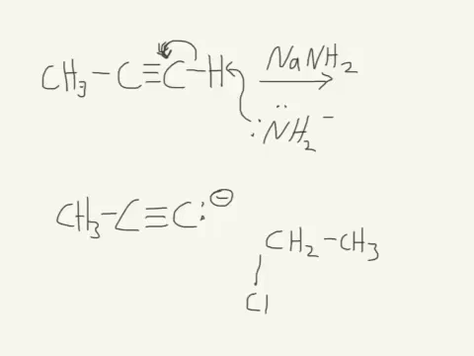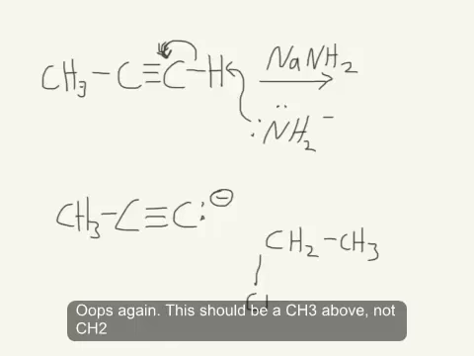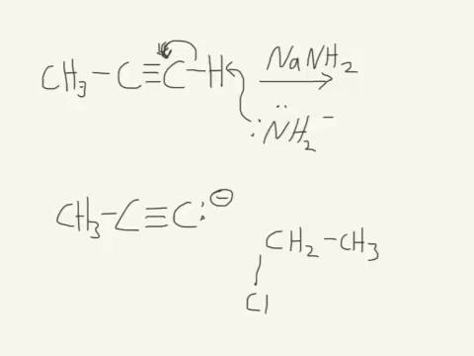And that acetylide ion reacts with an alkane that has a halogen bonded to it. Remember, halogens are pretty electronegative. So what's happening is this chlorine here is sucking electrons away from this carbon. This carbon is therefore a little bit positively charged. So this electron pair on the acetylide ion is negatively charged.